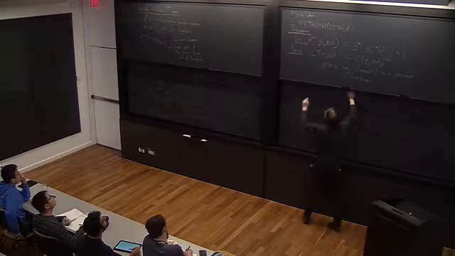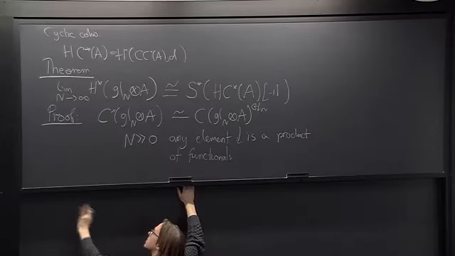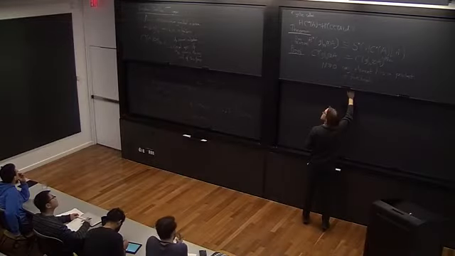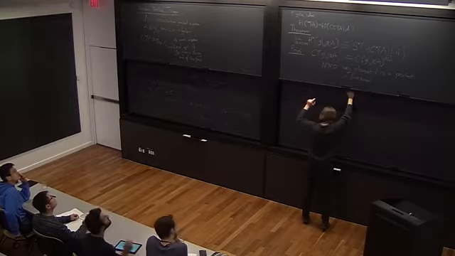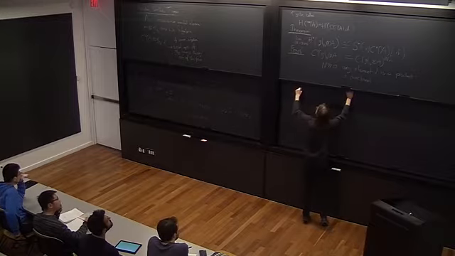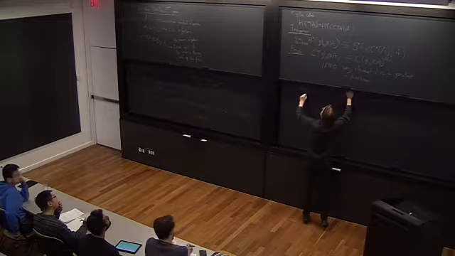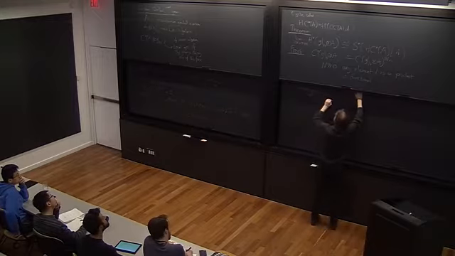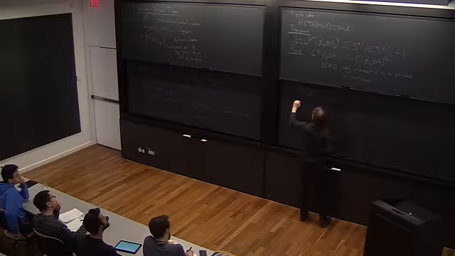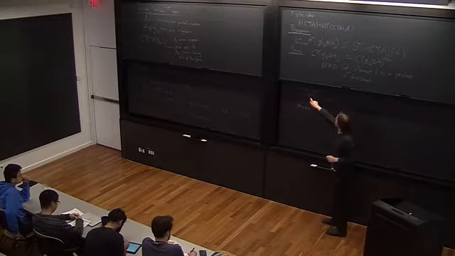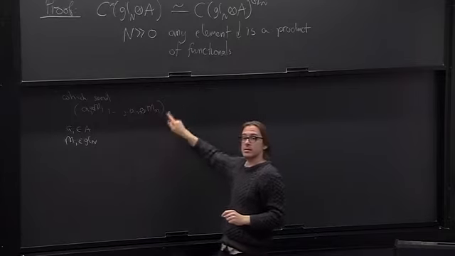which send a_i in A, m_i in GL_N. So I want to build an antisymmetric function of these guys, because that's going to be in the Lie algebra cochains.